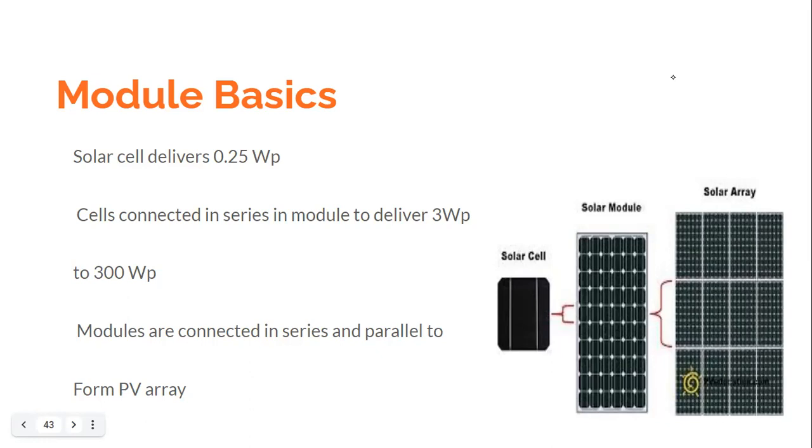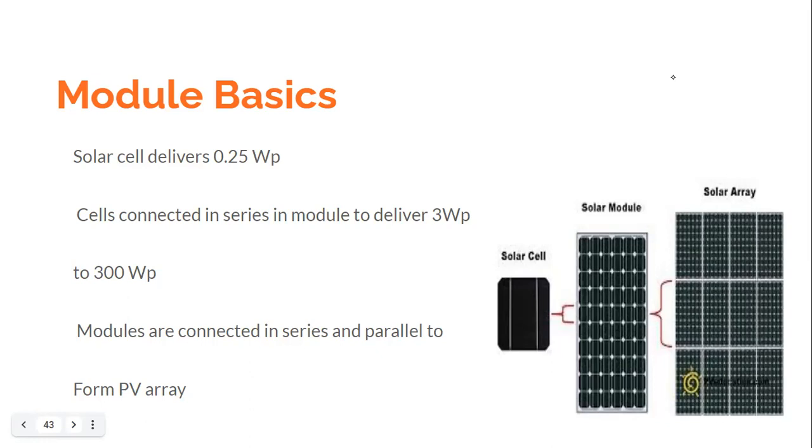So one solar cell typically would deliver a very small output. For example, this solar cell which is shown over here delivers an output of about 0.25 watt peak. Okay, so when there is peak solar radiation available, then the maximum power delivered by a single solar cell is about 0.25 watts.